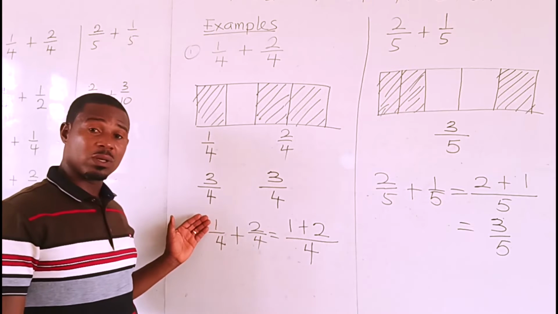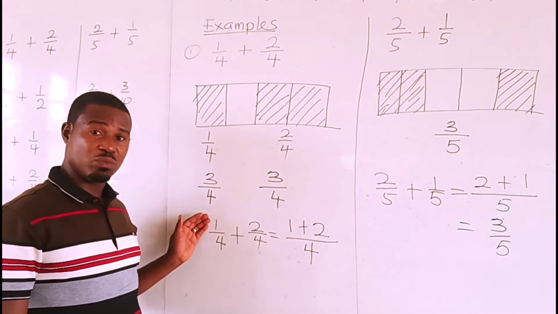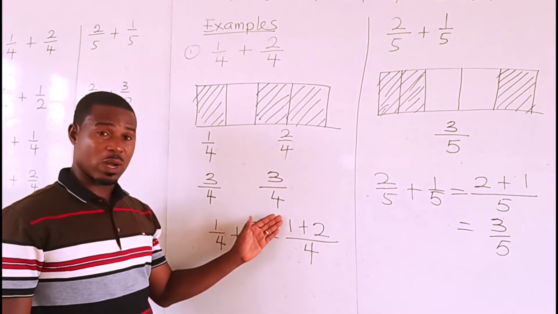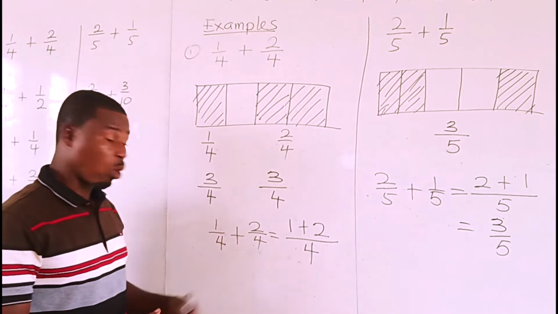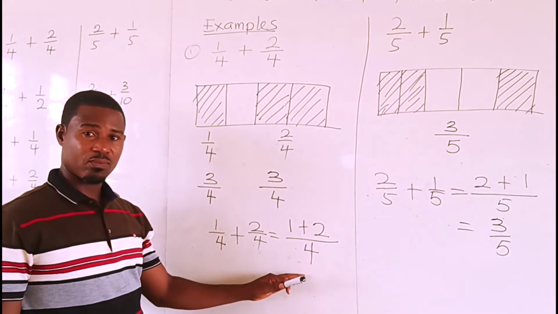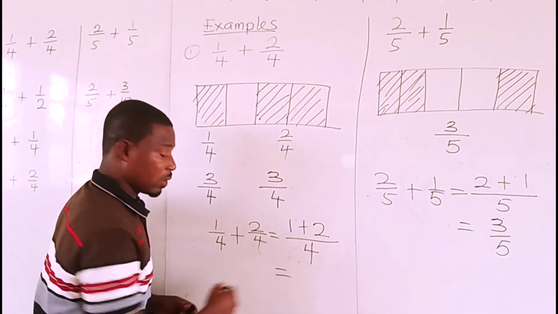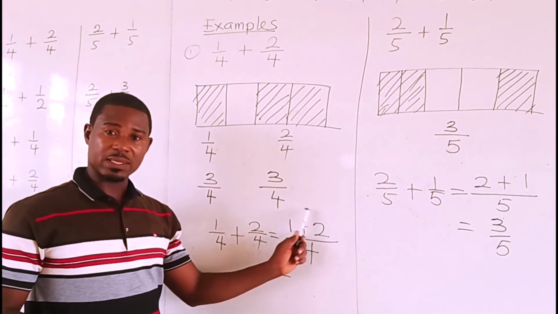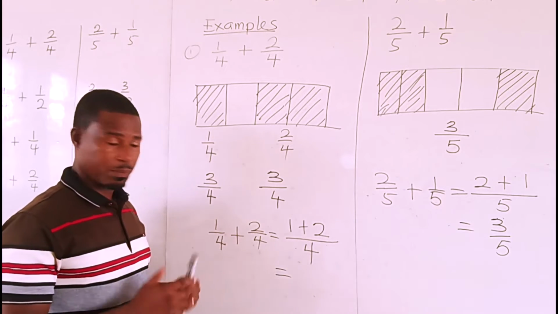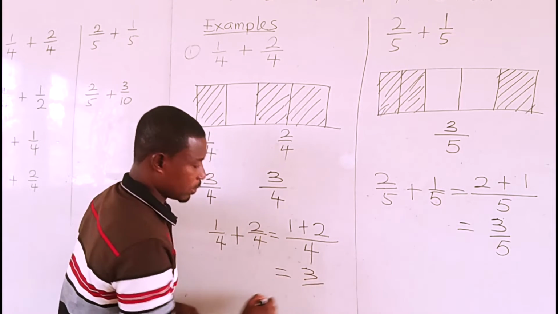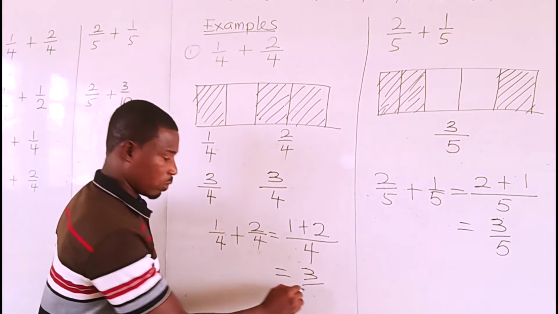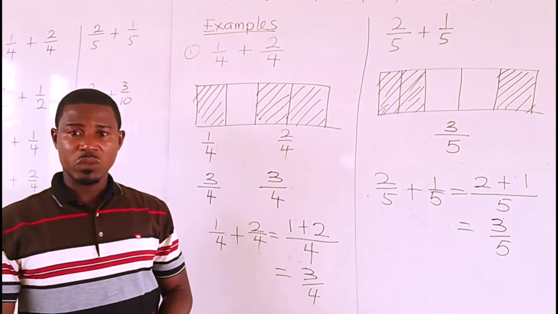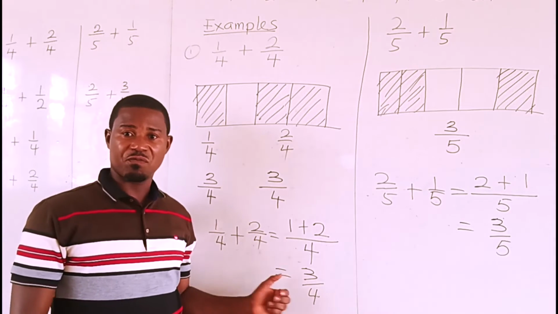Again, we will add the numerators. And the numerators here are 1 and 2. So we have 1 plus 2, all out of 4. What will then be the result? We have 1 plus 2 will give us 3, all out of 4. So our answer here is 3/4.